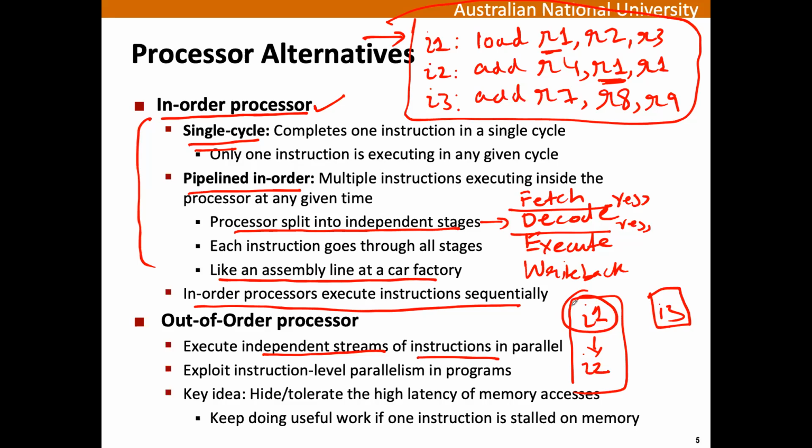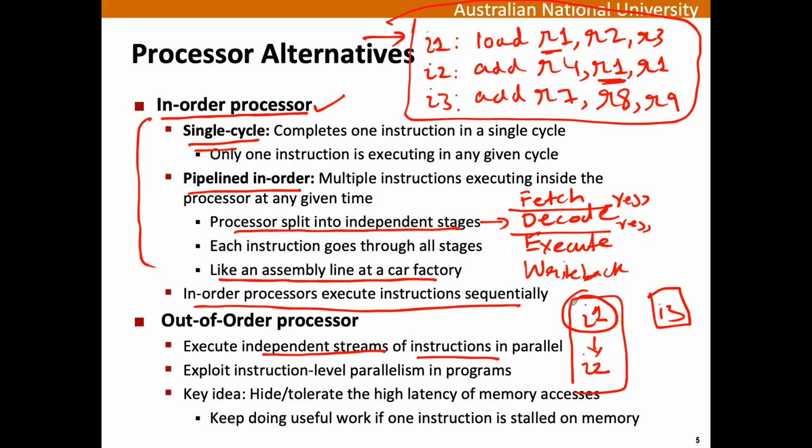So for 100 cycles, the processor will be stuck. And so what an out-of-order processor will do is execute I3. It will execute I4, I5, or any independent instructions that don't depend on the result of the load instruction. It will go fetch them and execute them while the memory access is being resolved.